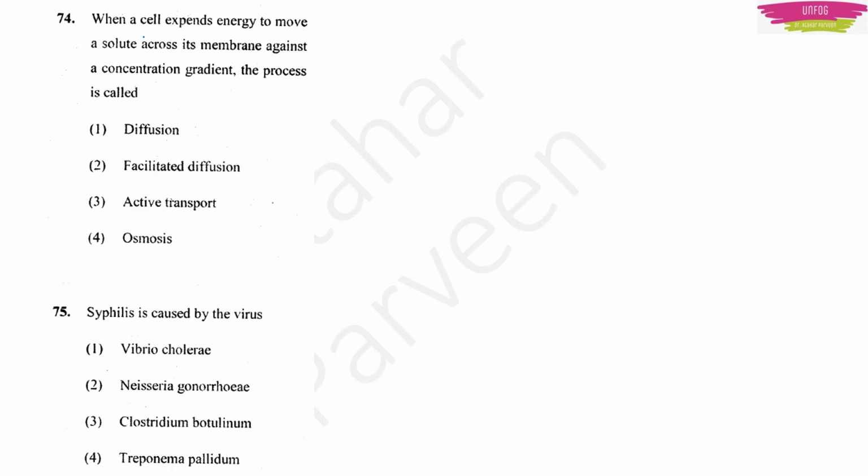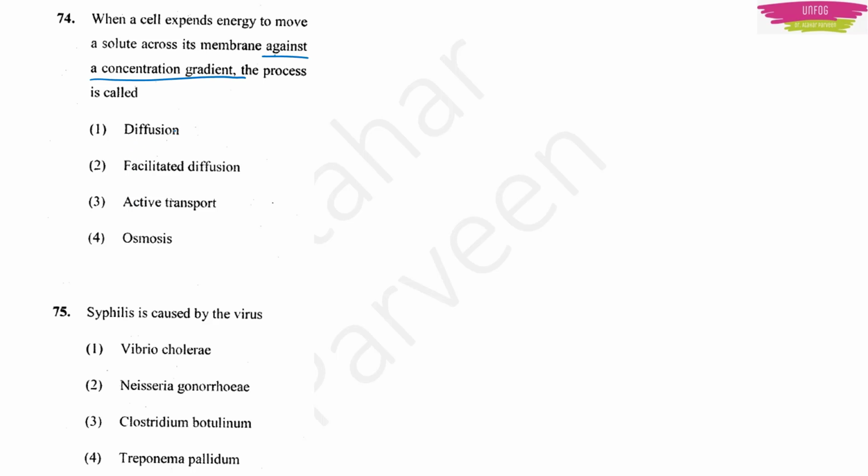Next question. When a cell expends energy to move a solute across its membrane against a concentration gradient, the process is called: option 1 diffusion, option 2 facilitated diffusion, option 3 active transport, and option 4 osmosis. So in option 1 we are talking about diffusion.